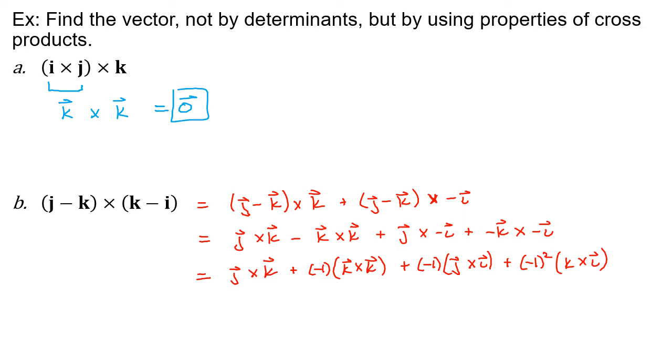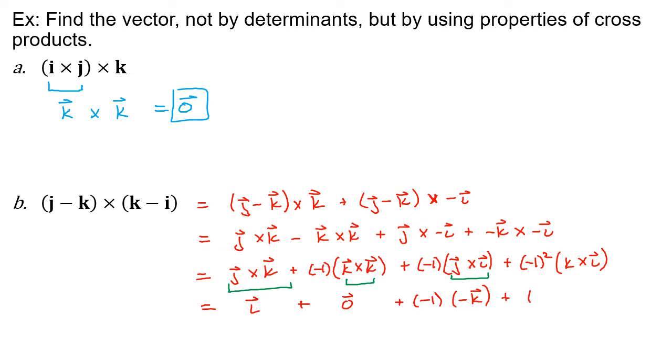Then according to your properties, j cross k is i. So these two turn into i. These two, like above on part A, turn to 0, regardless of whether or not there's a negative 1 in front. The j cross the i is actually negative k, and the k cross the i is j.